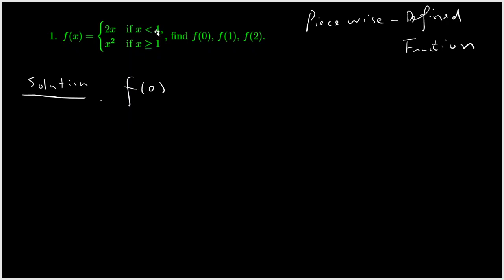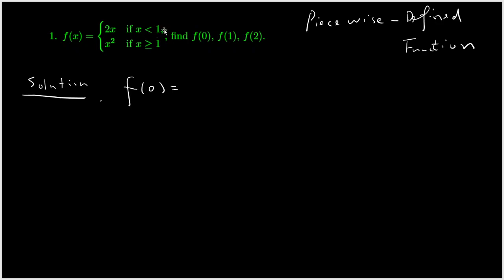One piece is the condition that x is less than 1. The other piece is the condition x is greater than or equal to 1. The whole thing is still one rule, still one machine. 0 is less than 1, right? You check the condition: is 0 less than 1 or greater than or equal to 1? In this particular case, 0 is less than 1, so the machine will process the input using that formula, that rule. Anybody want to tell me the output for the input of 0? I mean the value of f of 0, please.